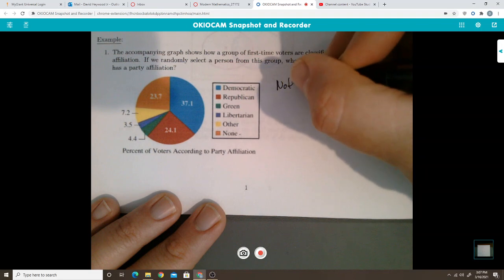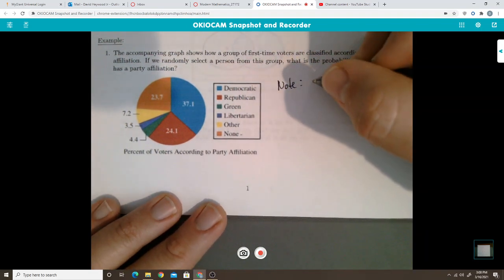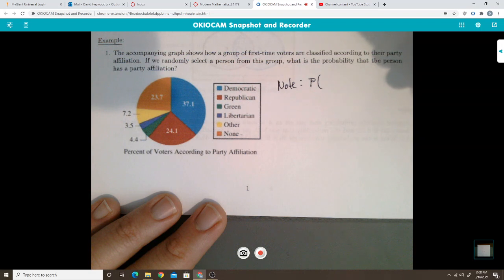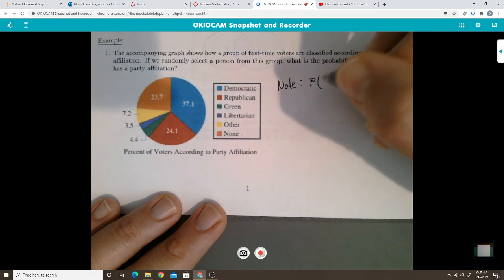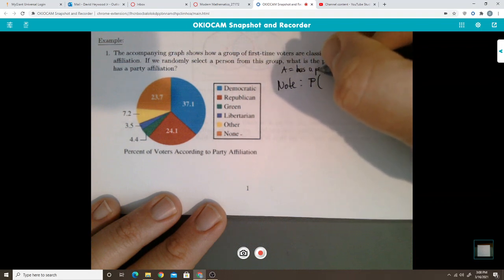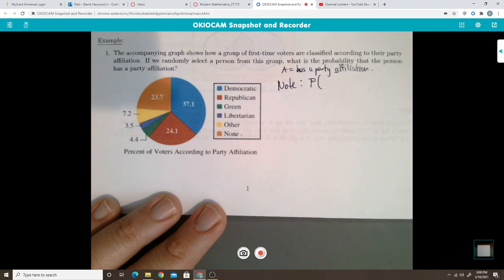So note, we'll say probability, how should we say this? I'll say A means has a party affiliation. Okay, so A for affiliation, right?